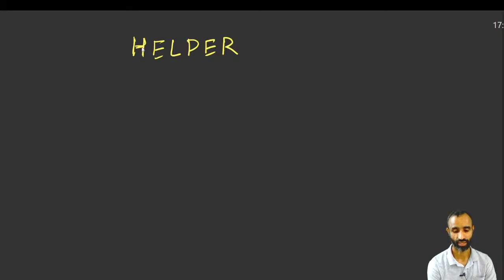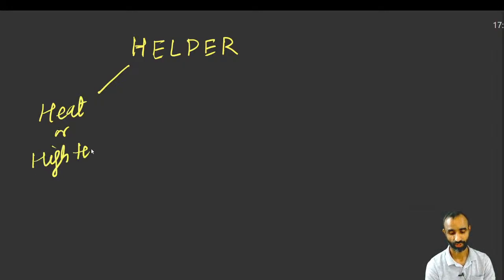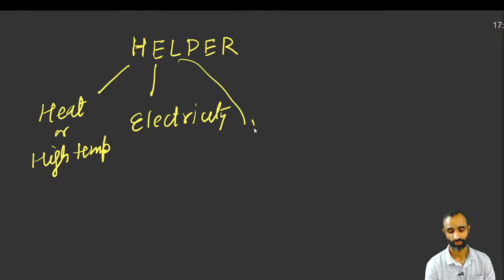I had told you this. Helper means H for heat or high temperature, E for electricity, L for light.